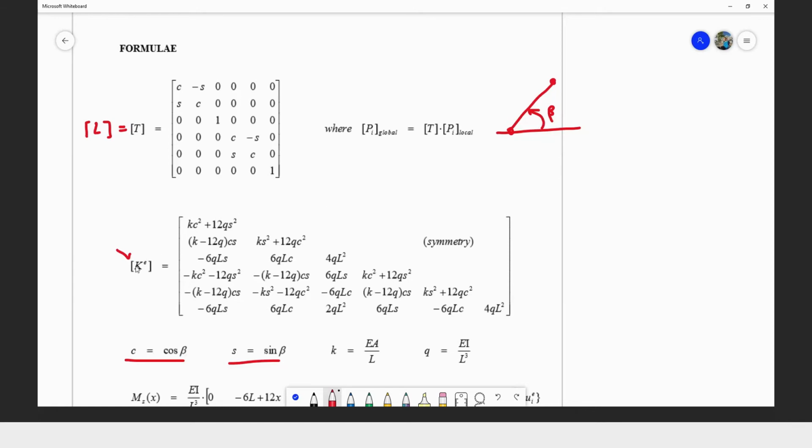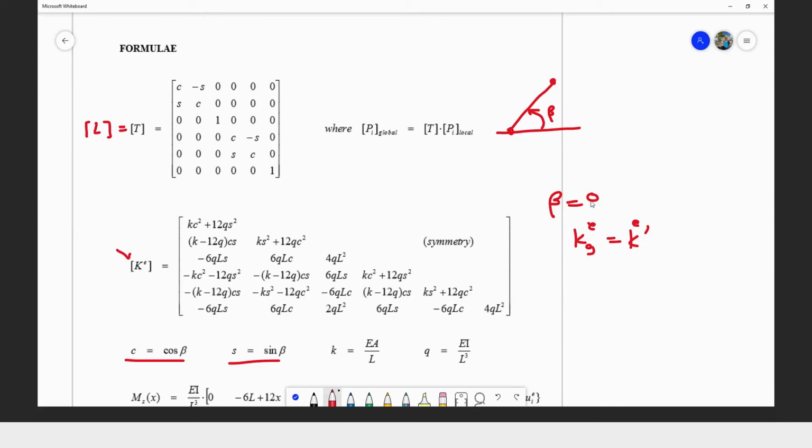Alright, so for the element which is inclined at zero angle, we know that the KG in the element stage equals K prime in the element stage. So they are the same.